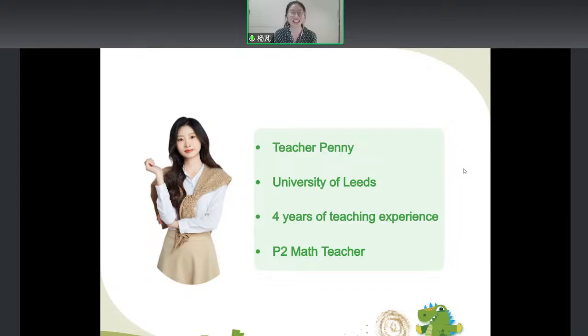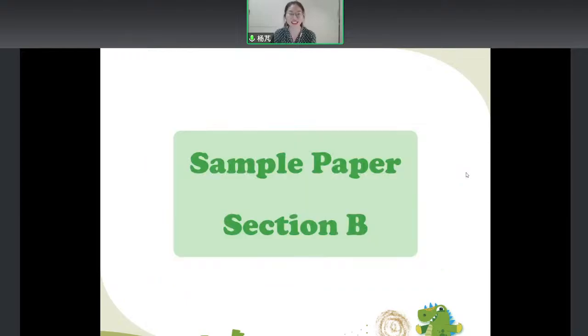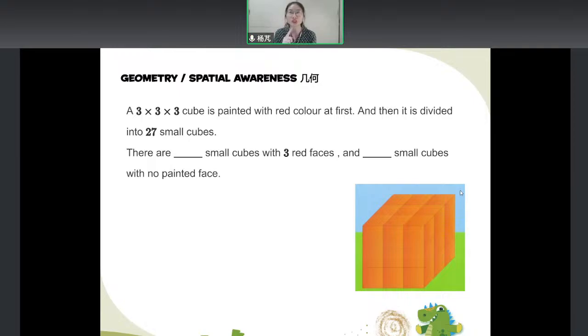Now let's start the questions of session B, one by one. I will take you through finding the key information and key knowledge about each question. Here we go, the first one. It's a geometry problem. This is a huge cube.